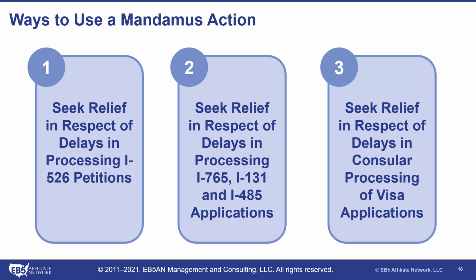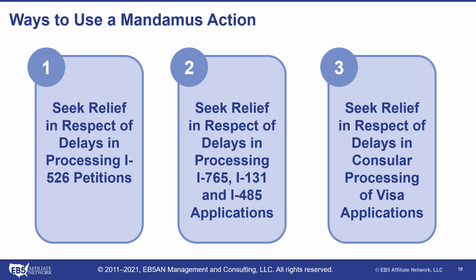In fact, I cannot think of a recent one we have filed where the government has actually had to file an answer to our complaint, because with a couple of extensions and a little bit of patience, the petitions have risen to the top of the queue and they've been adjudicated. Or an RFE, a request for evidence, is issued, we respond, and then the petition is adjudicated.